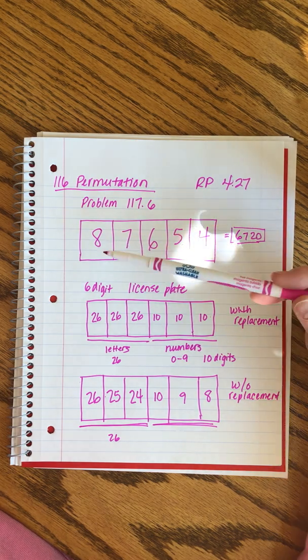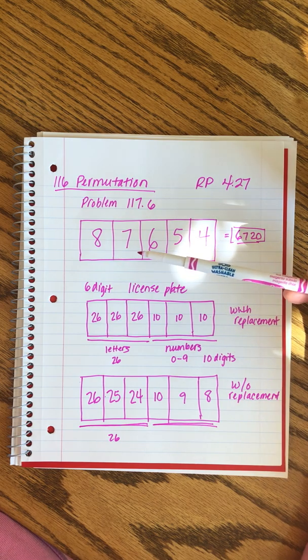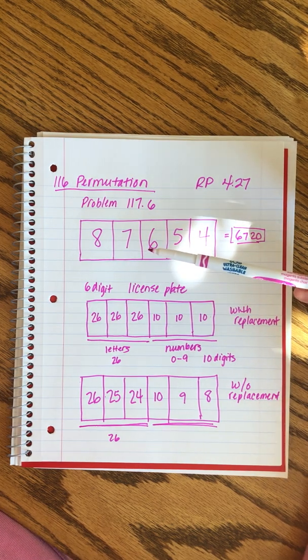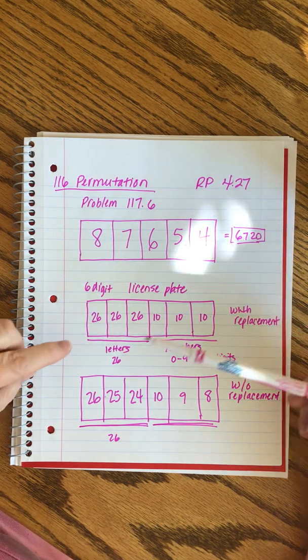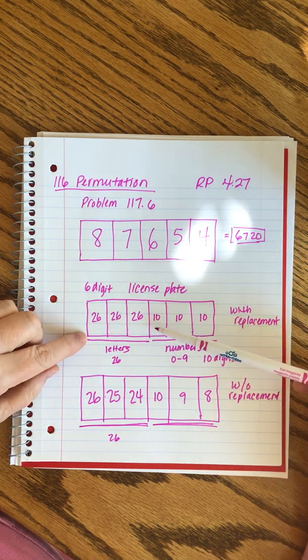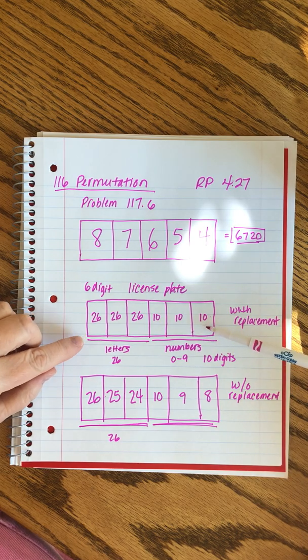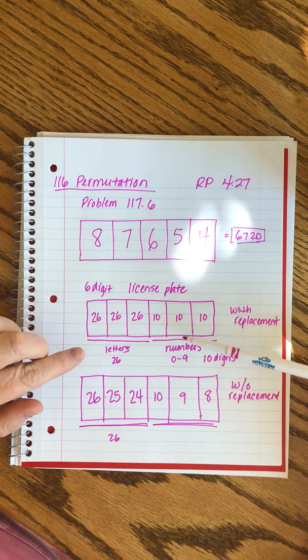Flags can't be replaced. Once you've hung it on one flagpole, you can't hang it on another. So you have to do your best to think about each scenario, think about what kind of element you're using to fill in the blanks, and think about how many are left.